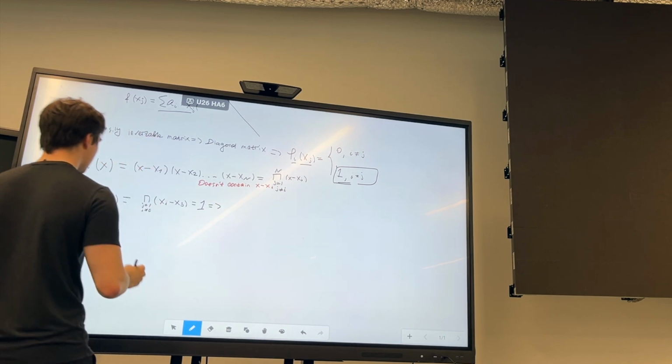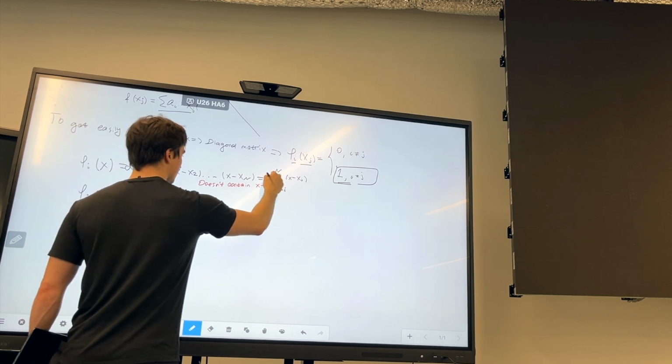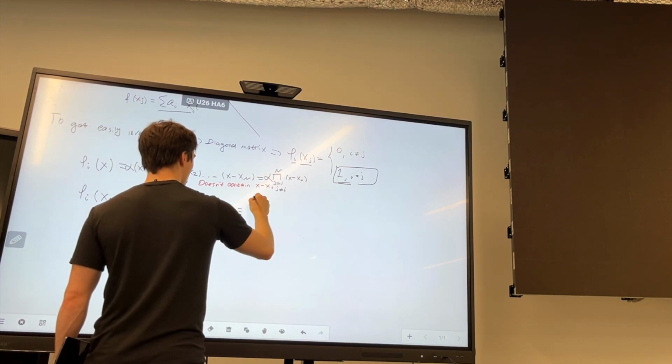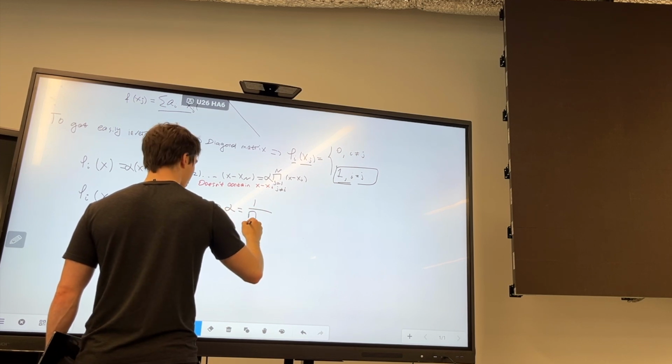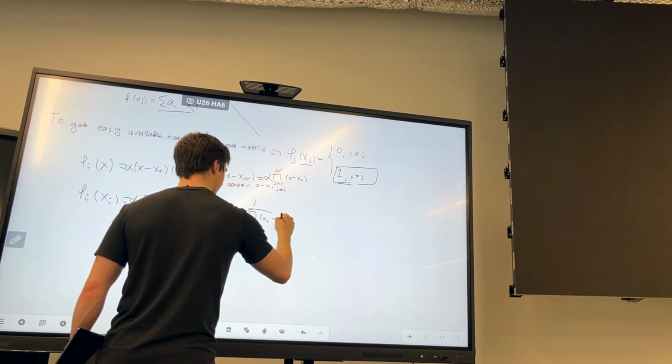Well, here we can have some coefficient alpha. And from here it follows that alpha is equal to 1 over the product over j from 1 to n, j not equal to i, of xi minus xj.